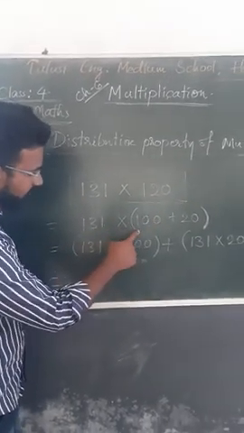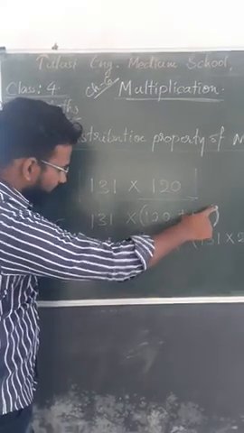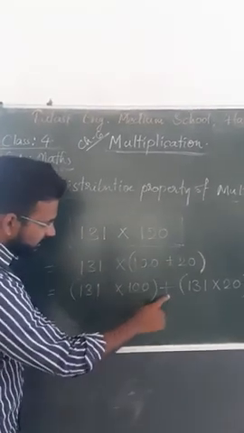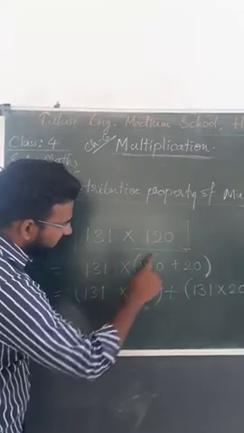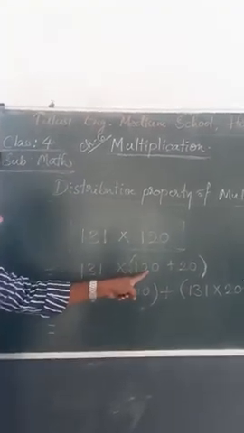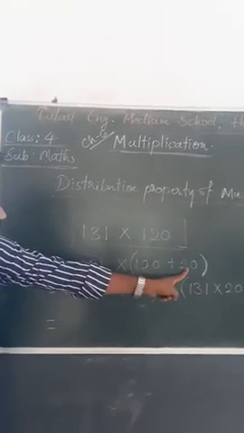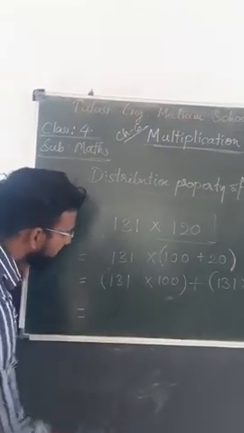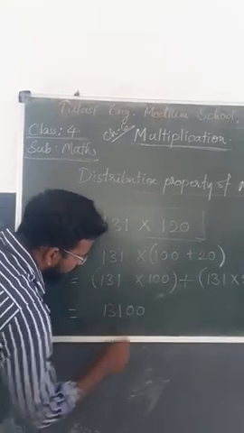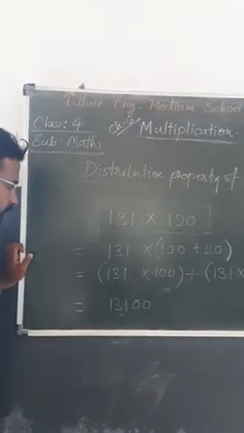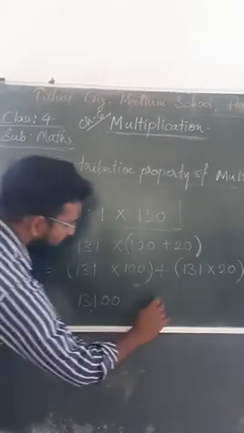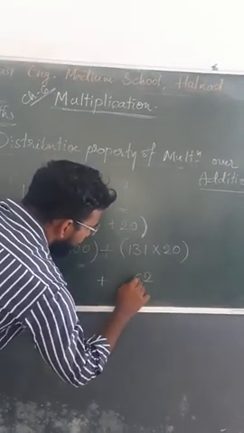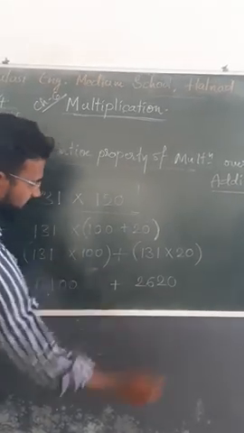Now 100 plus 20, 131 into 100 plus 131 into 20. 131 into 100, 13,100 plus 131 into 20, 2,620.